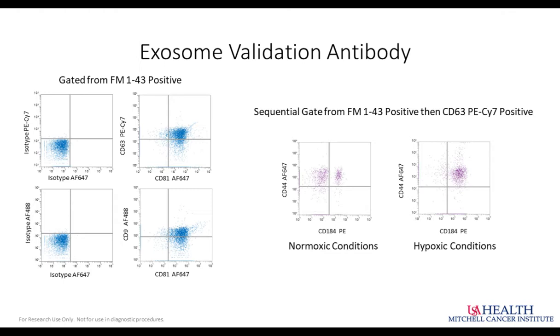then look at the expression of our 3 reference gold markers. Top right panel shows that almost 90% of the exosomes in this preparation that were also positive for FM1-43, so this is gated from that positive lipid gate, are expressing CD63 and CD81. The bottom panel, when you do 81 versus 9, the 9 isn't as strong.